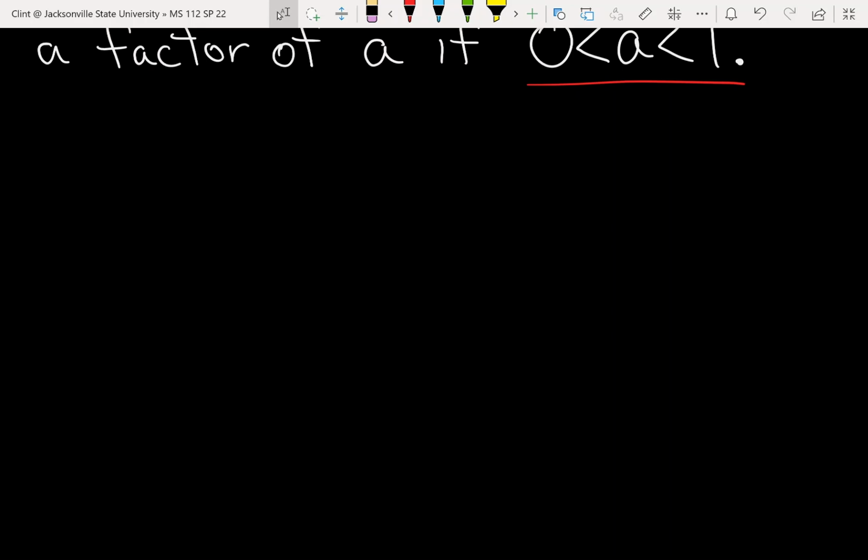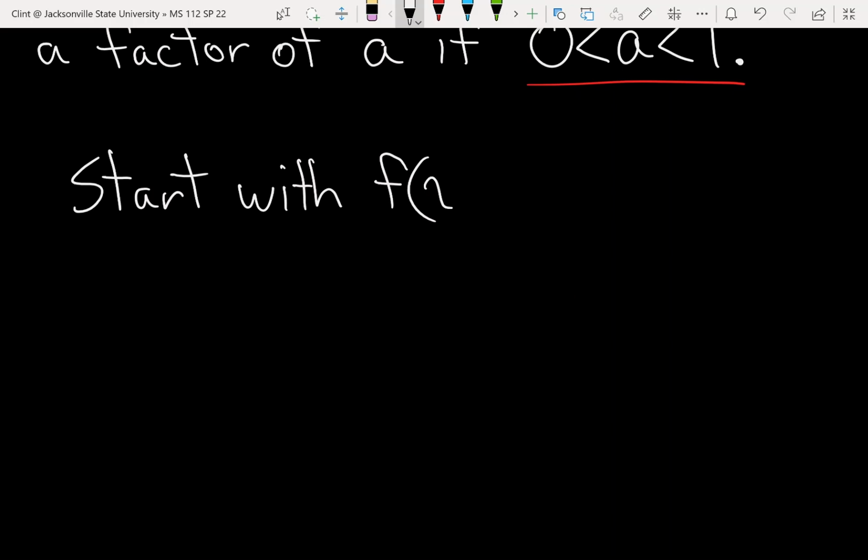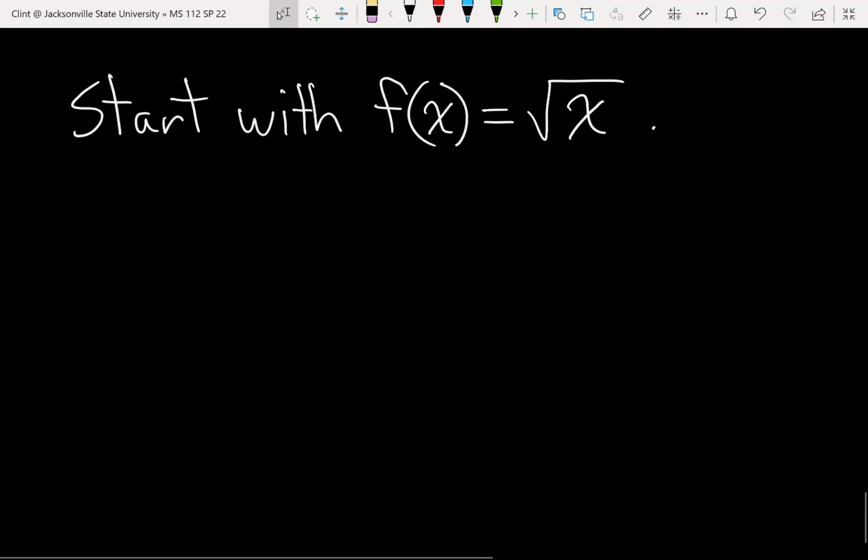Okay, so how to do that. So let's look at one like that. So we'll use square root of x.